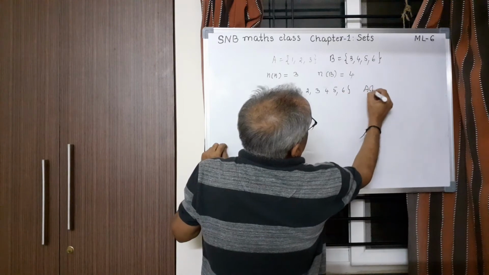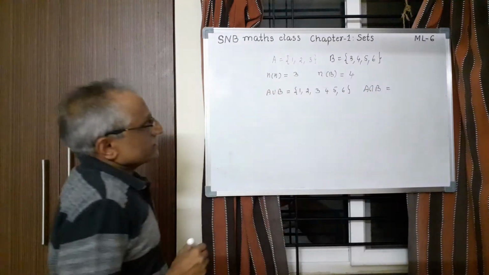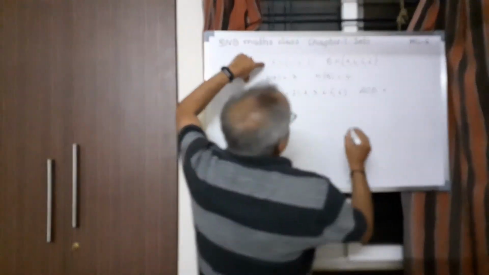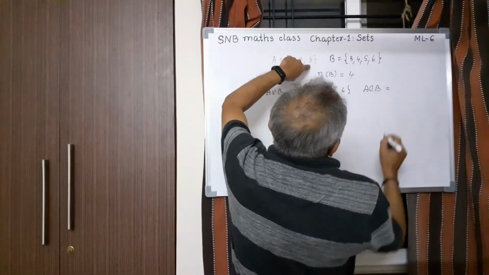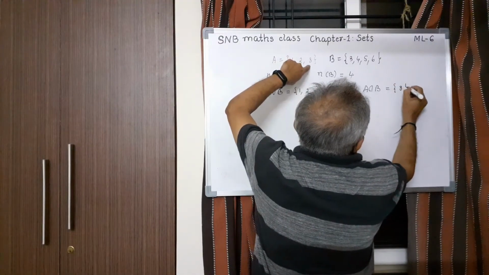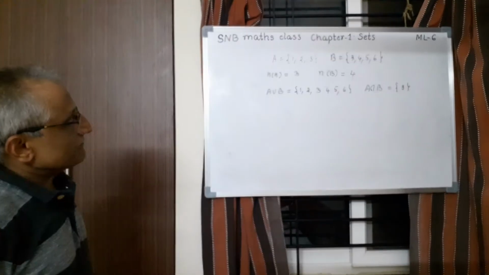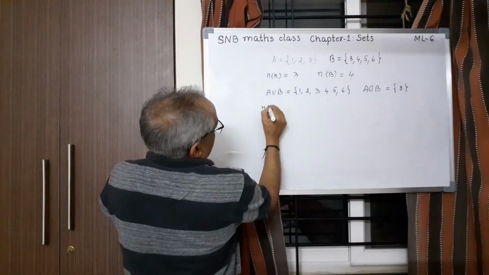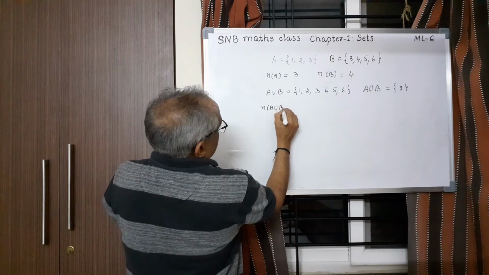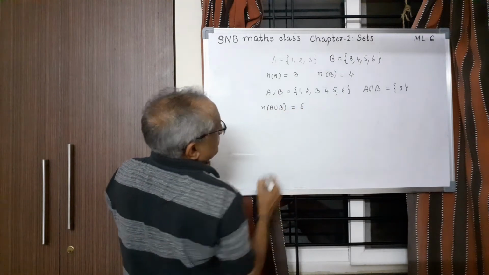And A intersection B, this is common. So 3 is the only element which is common. So 3. Now let us check. Number of A union B is 6.